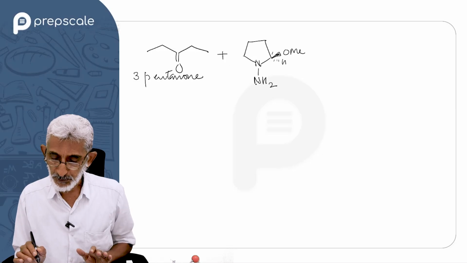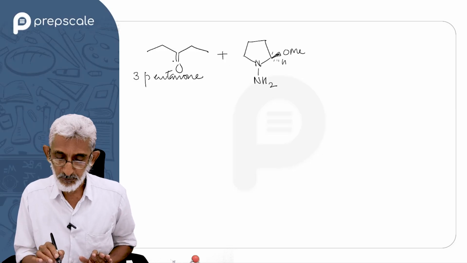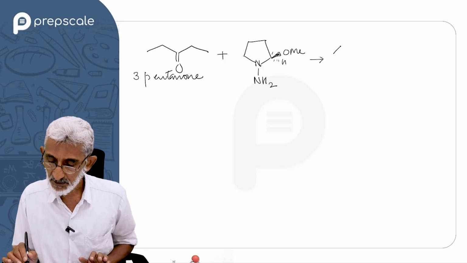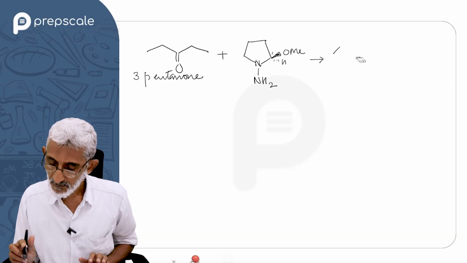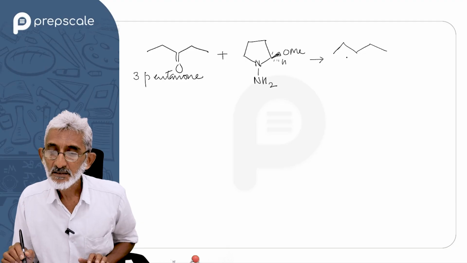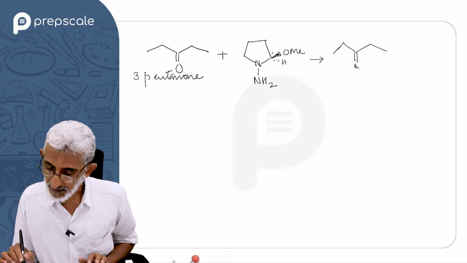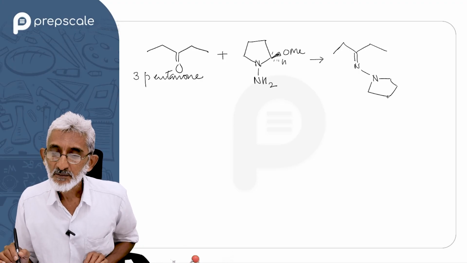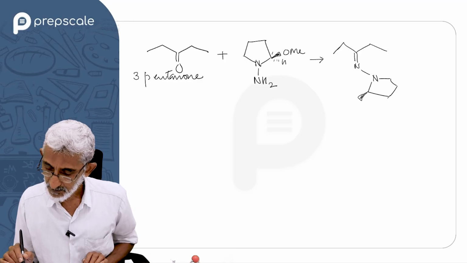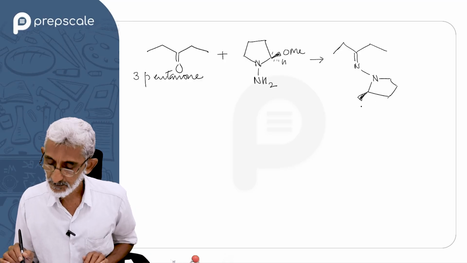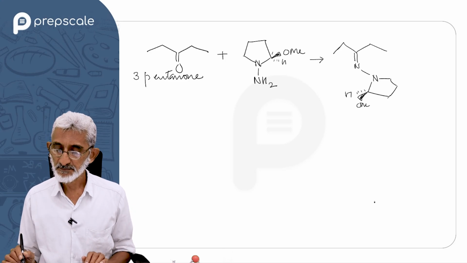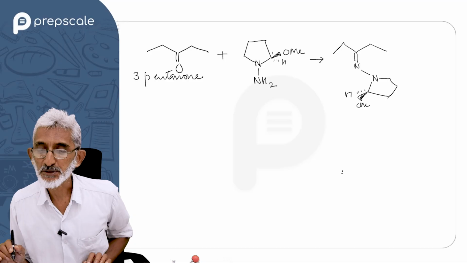Now when you react these two, the NH2 will condense with this keto group and form a double bond. This is the molecule: you have a double bond to N, with your OMe here, H here. Okay, so you got this.